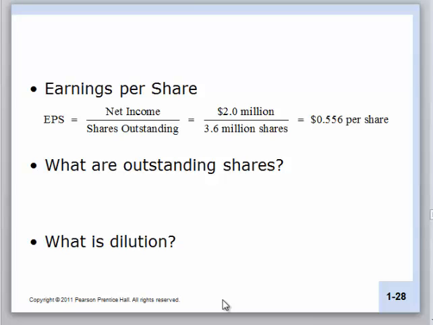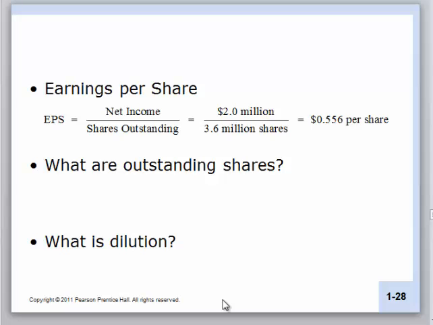Maybe there are options that are available on the company that we've offered to our creditors. Maybe there are a variety of places or securities. Maybe we've issued convertible bonds, convertible preferred stock. These things could possibly be outstanding shares, but in their current form, they're not.